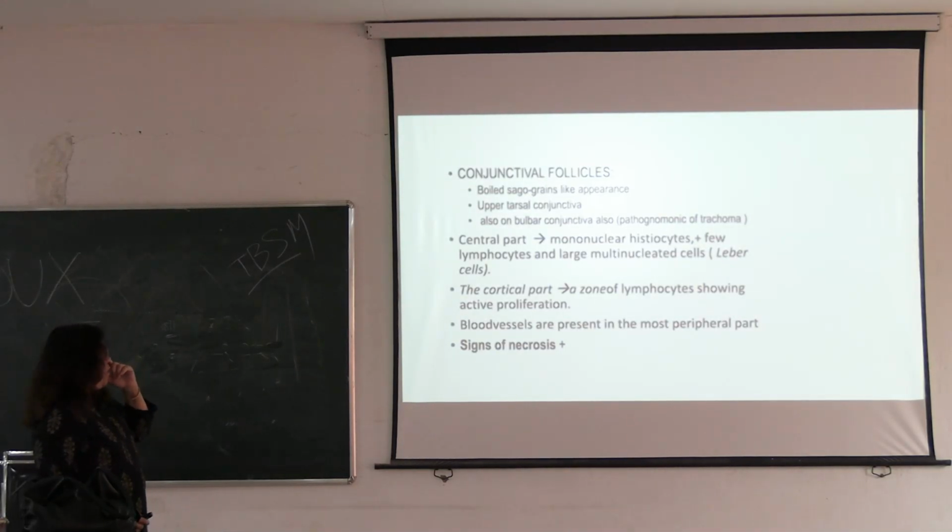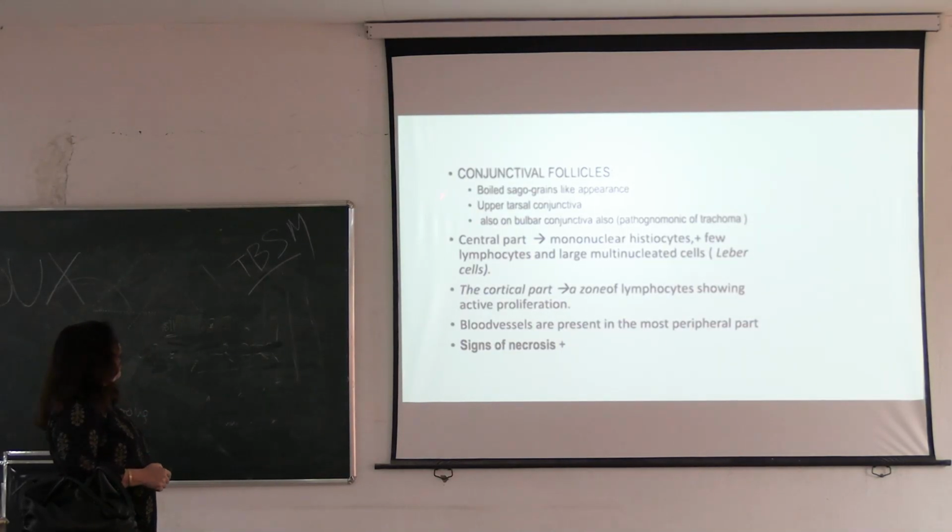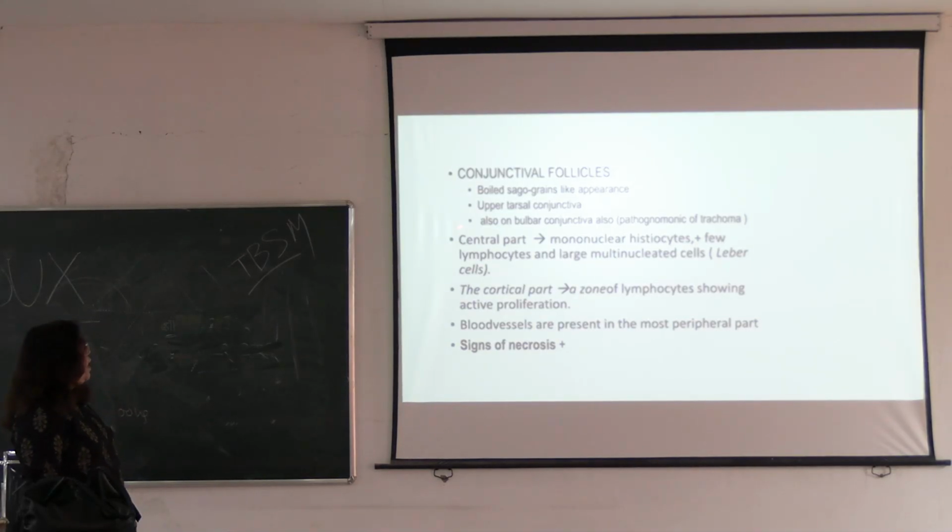So, conjunctival follicles, structure of the follicles. Conjunctival follicles look like boiled sago grains, mostly present in the upper tarsal conjunctiva, and also present in the bulbar conjunctiva, and this is the sign to diagnose trachoma.